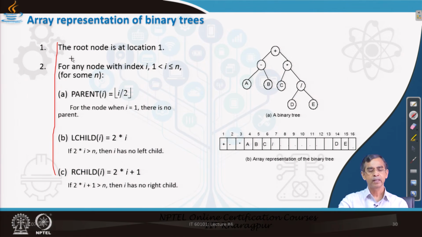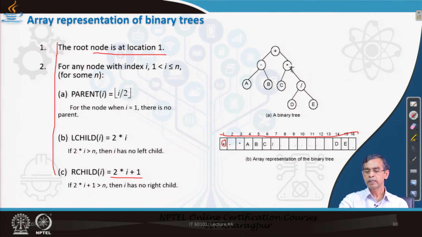What is the idea? Say the index starts from 1 to n in this example. So the root node is at location 1. Root should always be stored in the first location, and then for any node at the ith location, its left child will be stored in location 2 star i, and its right child will be stored in 2 star i plus 1.